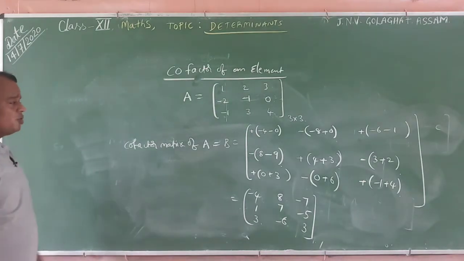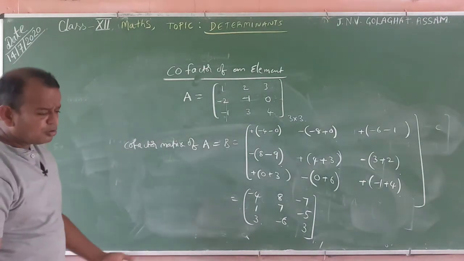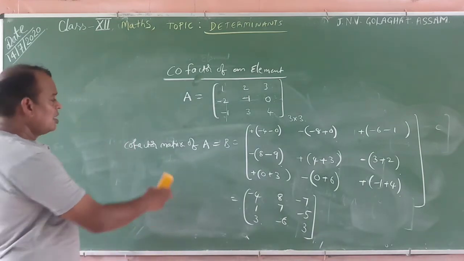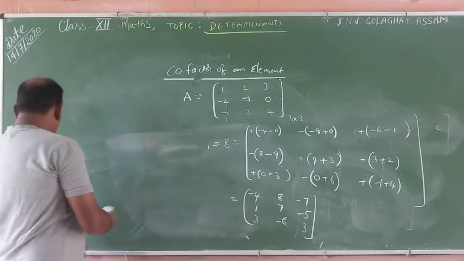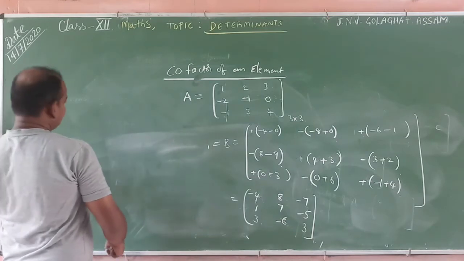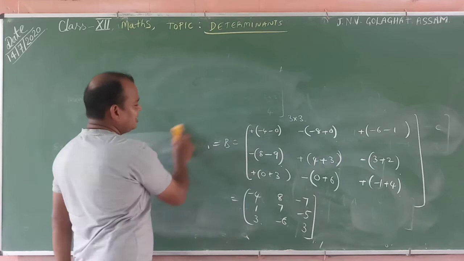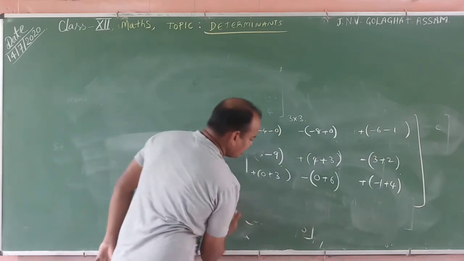Now, how to find the determinant of a 3 by 3 square matrix? How to find the determinant of the 3 by 3 matrix? Listen carefully. Very, very important one.